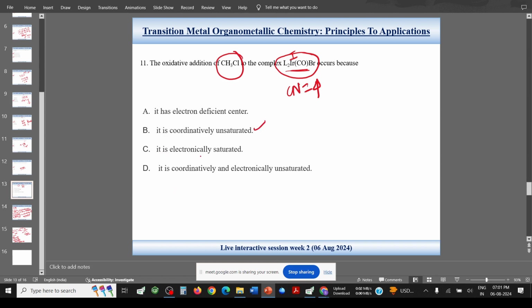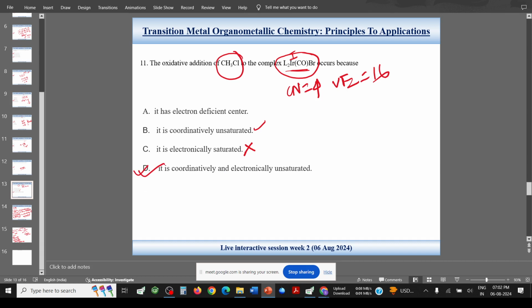It is electronically saturated? This is not correct. It has 16 valence electron, which is not saturation. Saturation means 18 valence electron. Option D says it is coordinatively and electronically unsaturated. So option D will be the correct answer.